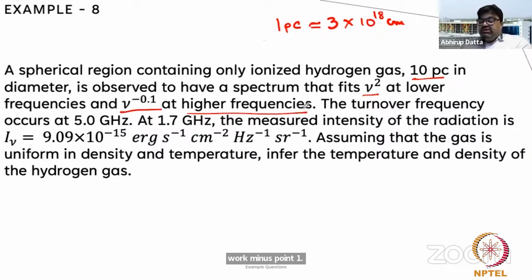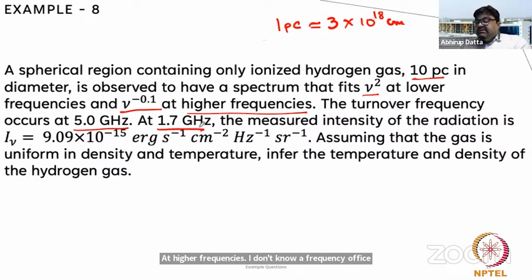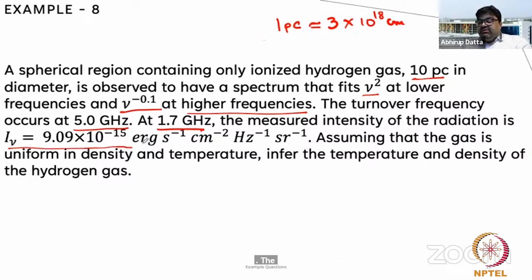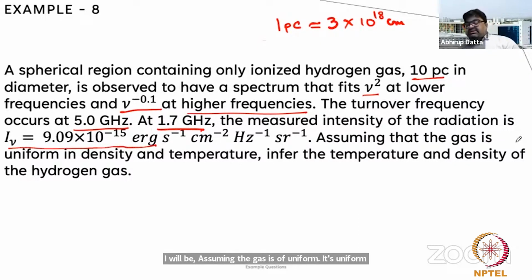The turnover frequency occurs at 5 gigahertz. At 1.7 gigahertz, the measured intensity of radiation is I nu equal to the given value. Assuming the gas is uniform in density and temperature, infer the temperature and density of the hydrogen gas.